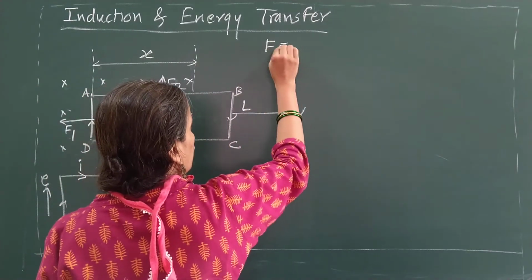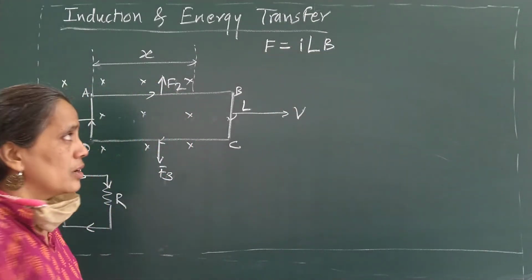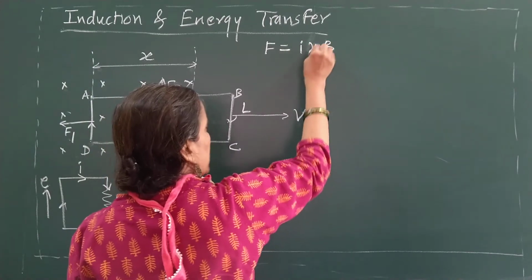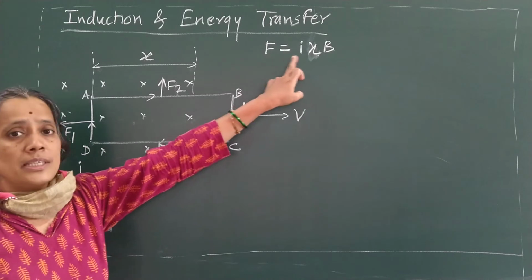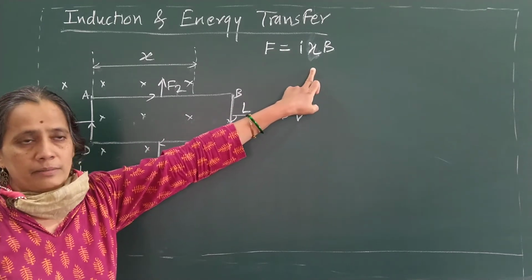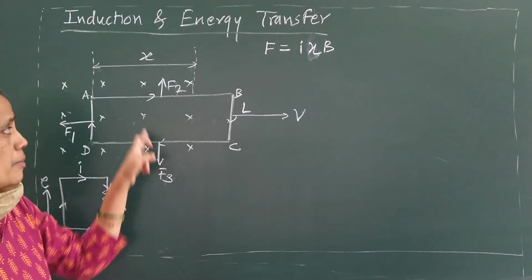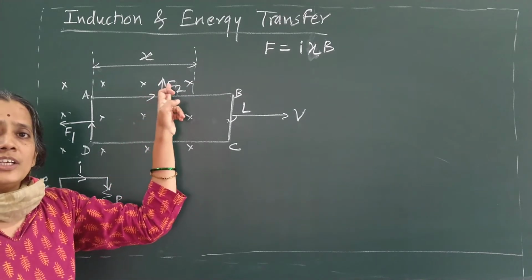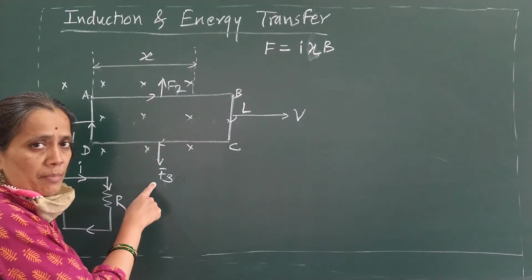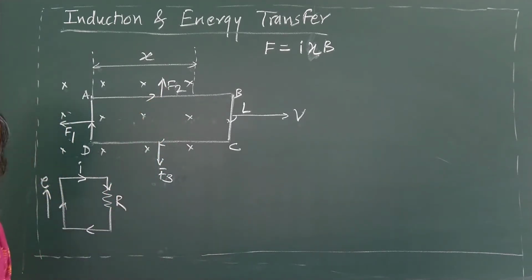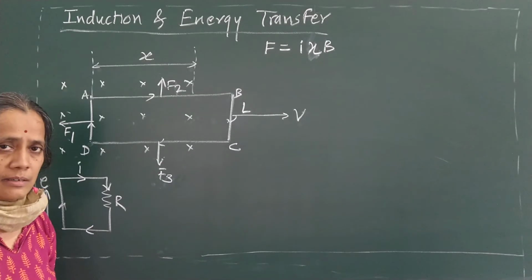That force magnitude is nothing but I X B, sorry, because X is the length of the part AB and CD. So this amount of force is generated on AB as well as on CD, but according to Fleming's left hand rule their directions are opposite. So the magnitudes of the two forces are the same, but the directions are opposite. Therefore these two forces get cancelled.